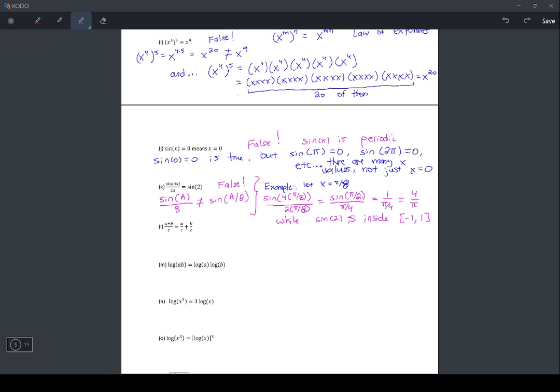So sine functions, the y value of a sine function can't be larger than 1 or less than negative 1. And sine of 2 can't possibly be 4 divided by pi. 4 is larger than pi, so 4 divided by pi is larger than 1. So that's an example showing that this statement can't be true. Just one counterexample is enough to disprove it.